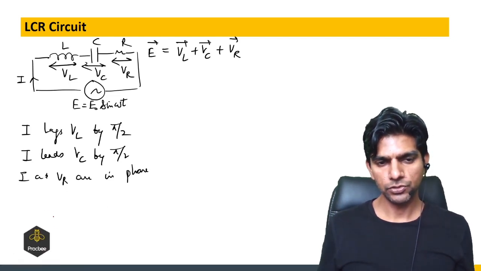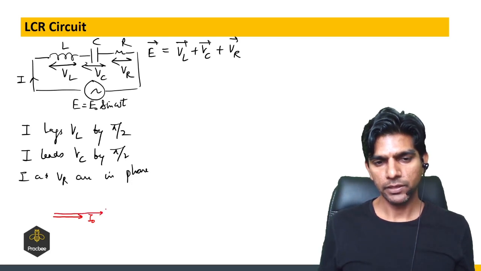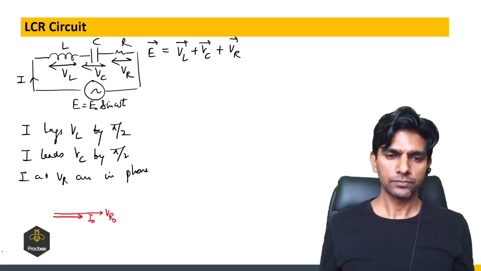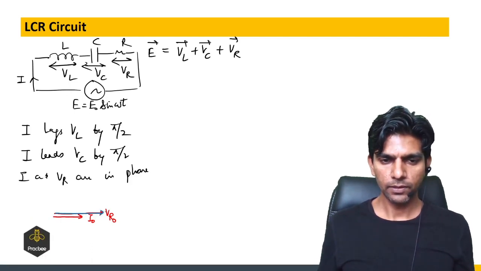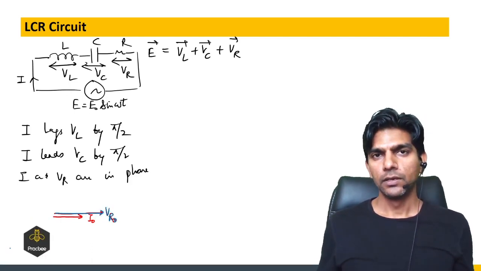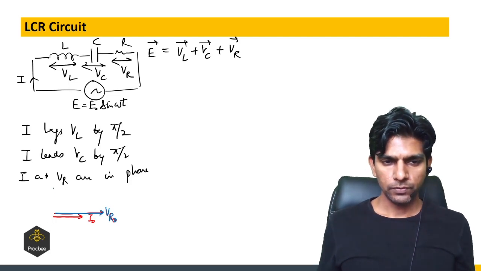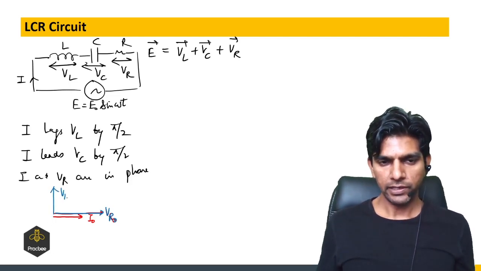So first let me show the current. That is I naught, and this will be VR naught, right? Let me show this with a different color. So this is VR naught. Now we can show VL naught, because the current lags in an inductor by 90 degrees, and this will be VC naught.